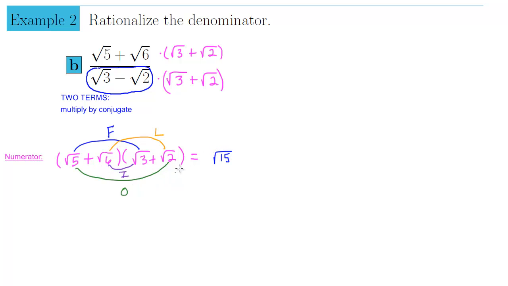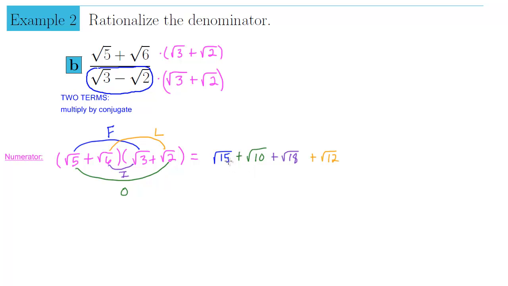Next, we have to do root 5 times root 2, which is going to give us plus root 10. Then we have to do root 6 times root 3, which is going to give us plus root 18. And then finally we have to do root 6 times root 2, which is going to give us plus root 12. Notice here, some of these radicals simplify.